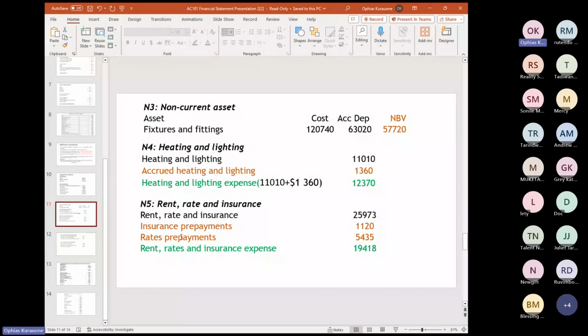The rates prepayment was 5435. This figure was obtained after adding the rates and insurance.